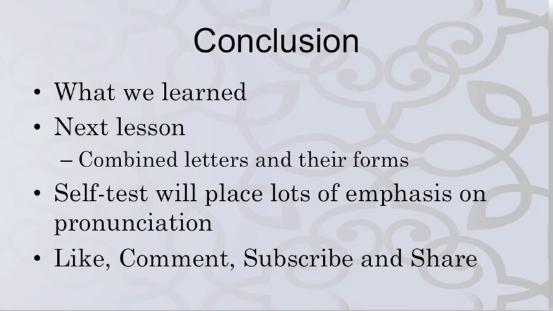What is meant by that is if a letter is written independently versus written at the start of a word versus written in the middle of a word versus written at the end of a word. Those are the 4 forms of those letters, and I'll cover those in the next lesson in a lot more detail.